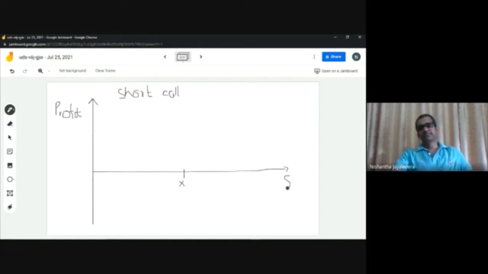So it will be downward sloping from the exercise. I'm straight away asking the profit, not the payoff.